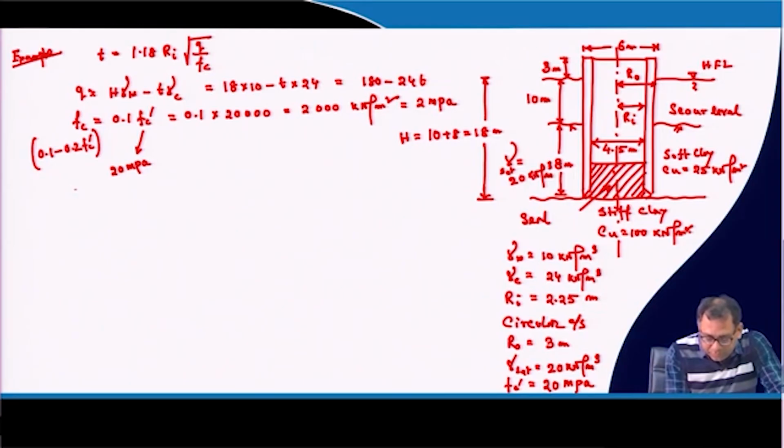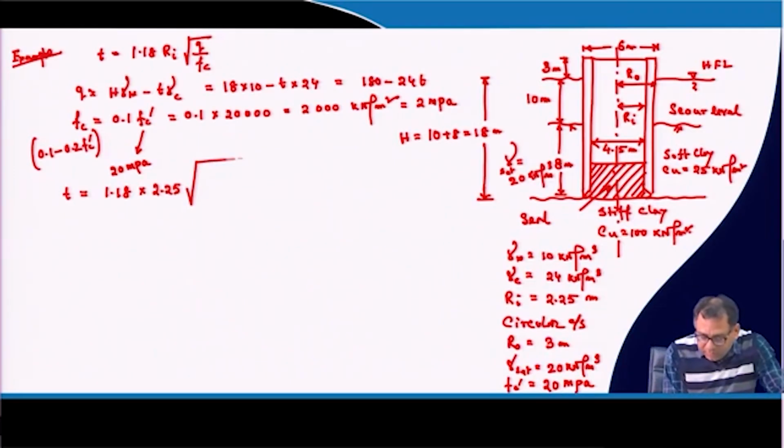Now if I put these values, T is 1.18, Ri is 2.25, root over Q, which is 180 minus 24 T, divided by Fc, which is 2000.